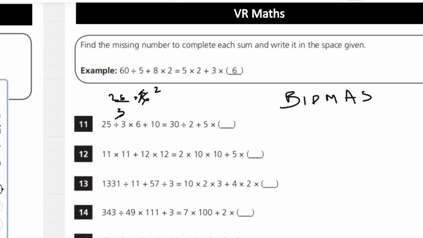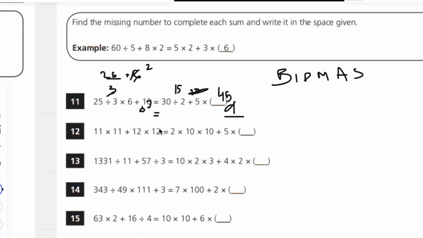We get 25 times 2, which is 50. 50 plus 10 is going to be 60, and then 30 divided by 2 is equal to 15, plus 5 is 20. 20 times 3, we have to do this BIDMAS first. So 15 plus 5 times something. So 15 plus 45 is going to be 60. So it's going to be 5 times 9 is the answer.